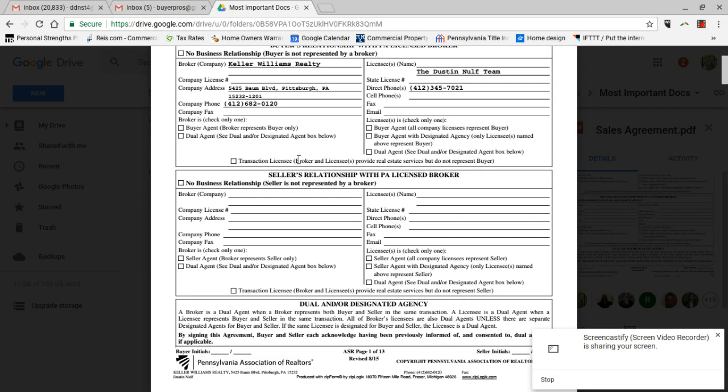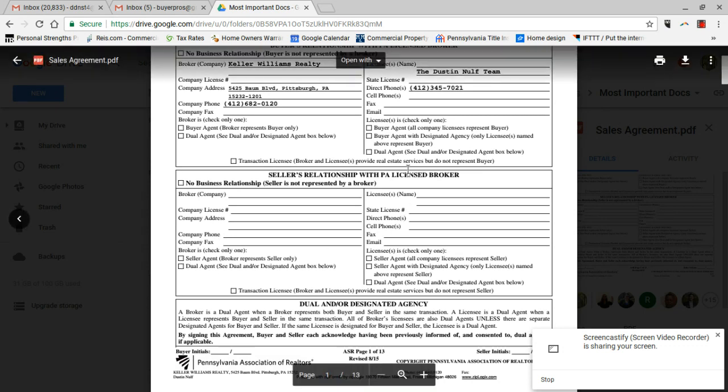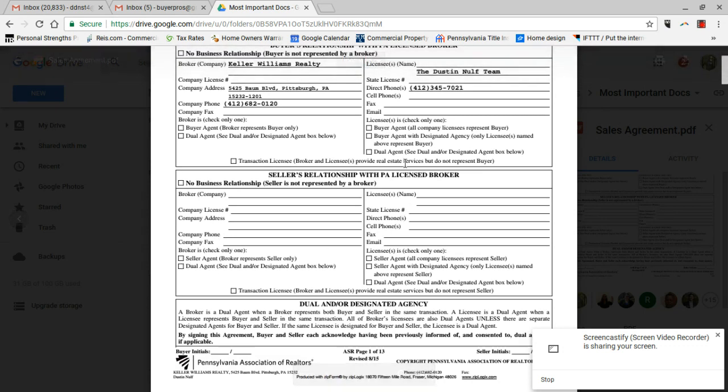Now, if it's Natasha's listing and Rick Schweikert's bringing the offer, Keller Williams is still the dual agency, right? So the broker is still a dual agent, but Natasha represents the seller, Rick Schweikert represents the buyer.